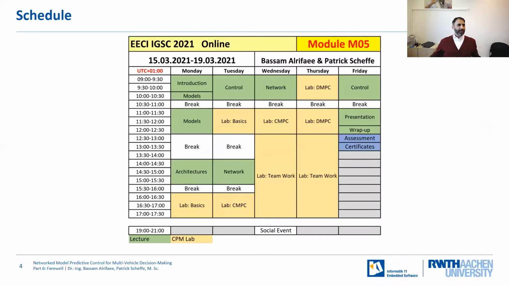So this was our schedule from the beginning. On Monday, we met and started with the introduction. We introduced vehicle models. It was a little bit new for some of you, a little bit old for others.